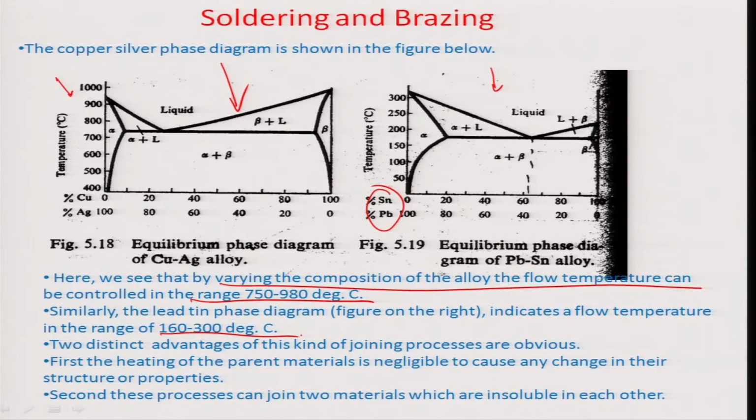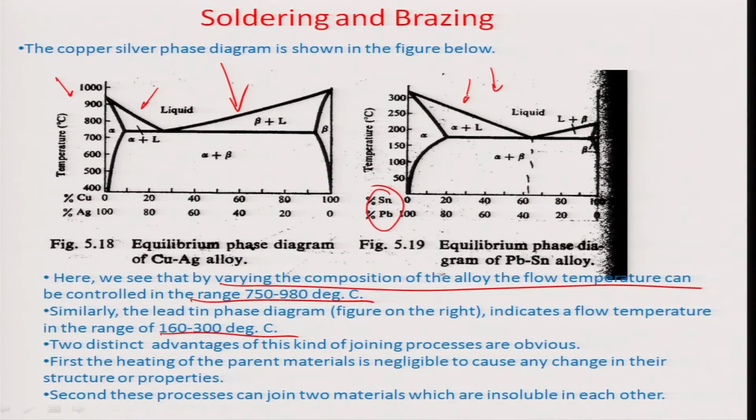Okay. So, therefore, if you vary the composition by changing the percentage of silver as opposed to copper, or tin as opposed to lead, you may have different solidus and liquidus points, as can be seen in this particular phase diagram.